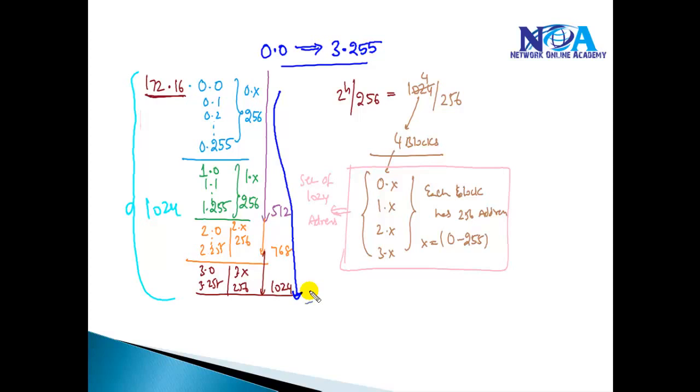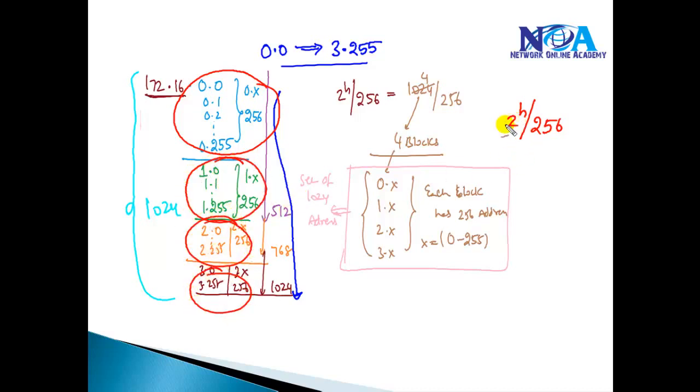This is the way we generally write that many addresses. But when it comes to submitting examples or examinations, this method is going to be somewhat lengthy. Instead I use a simple formula: 2 to the power of h divided by 256. I refer to each block as having 256 addresses. So how many blocks do I require for 1024 addresses? 1024 divided by 256, I get 4 blocks.